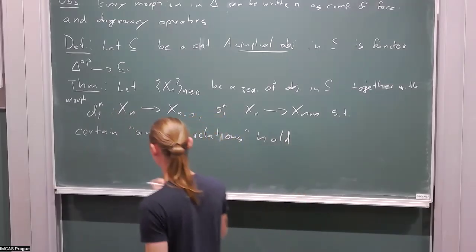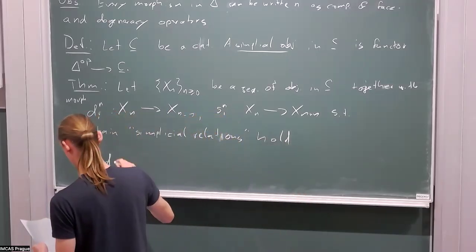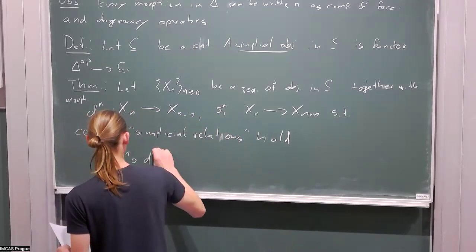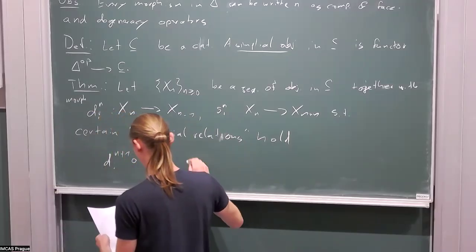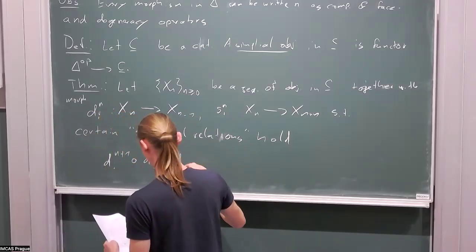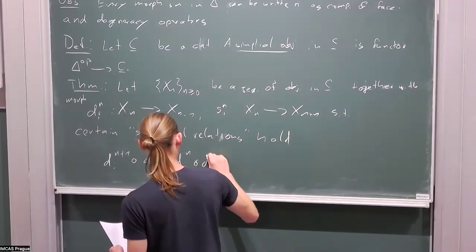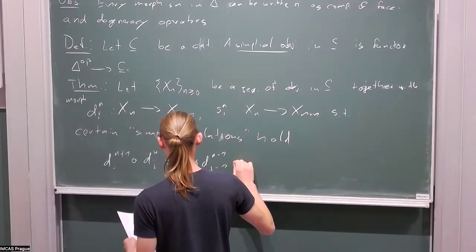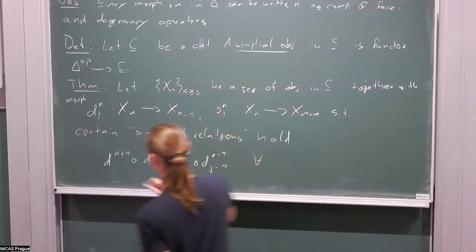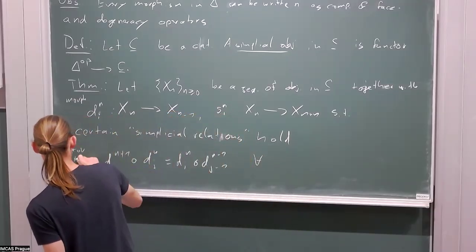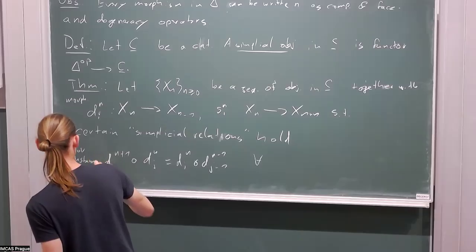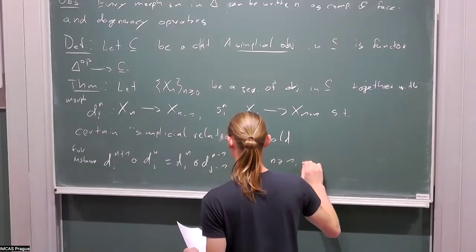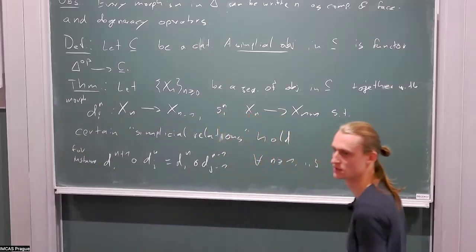So for instance, let me write one. I want that d_i^{n+1} circ d_j^n is the same as d_j^{n+1} circ d_{i-1}^n for i > j.